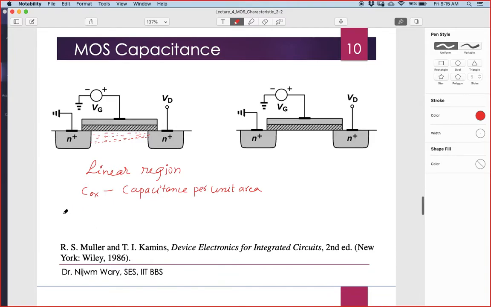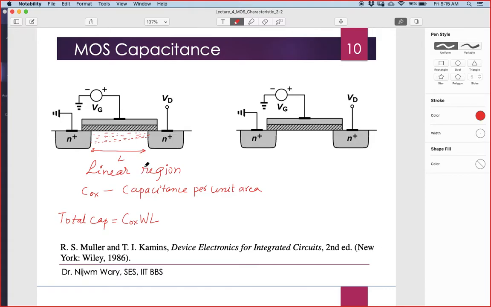The total capacitance is COX WL, where L is the effective length and W is the width in this direction.